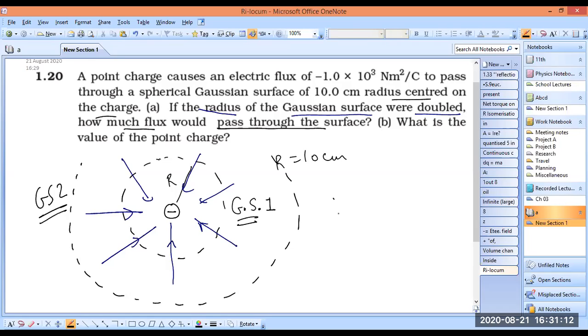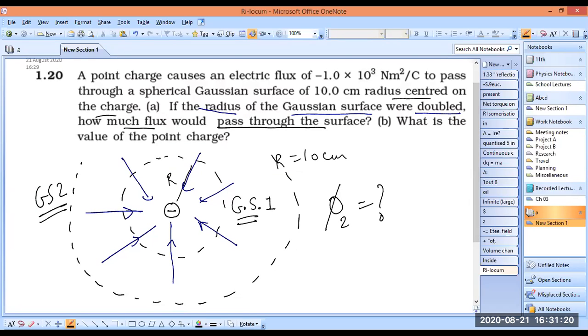So for that Gaussian surface 2, how much is the flux? What do you think? Will it be more or less or equal? Okay, we are starting to have some early answers. That's right, it will be same, correct? Because the charge enclosed is same.